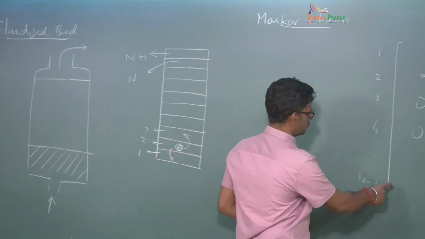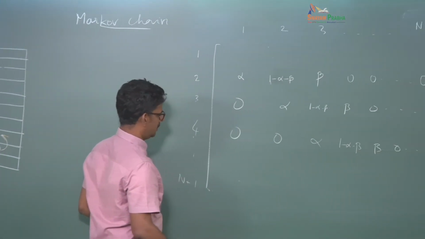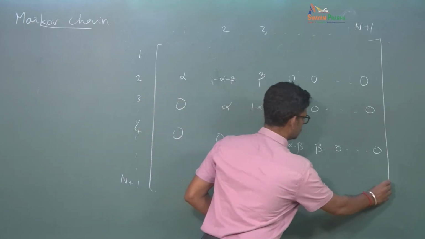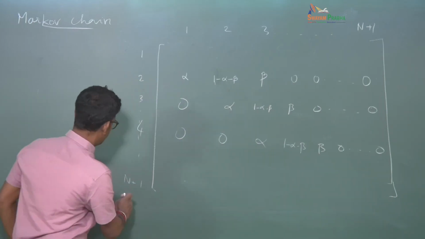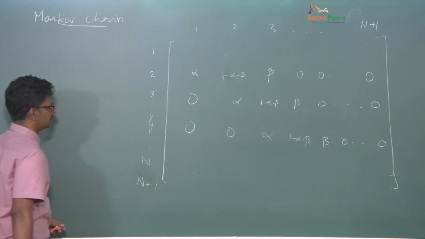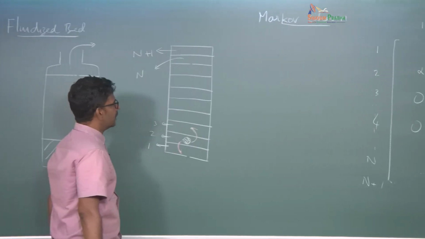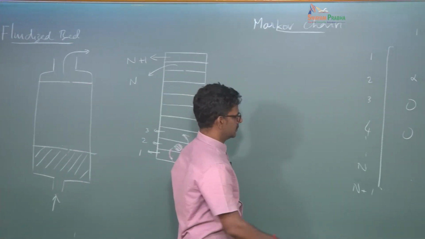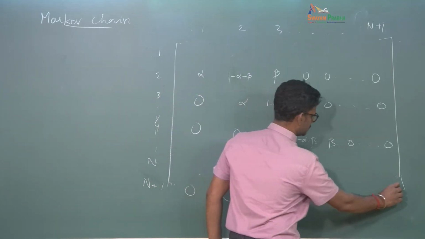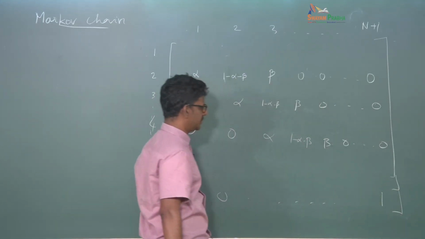So from n plus 1, you have to make all of them 0. Let me also put n plus 1 here and n here. All of them will be 0, 0, 0, and the last one will be just 1.